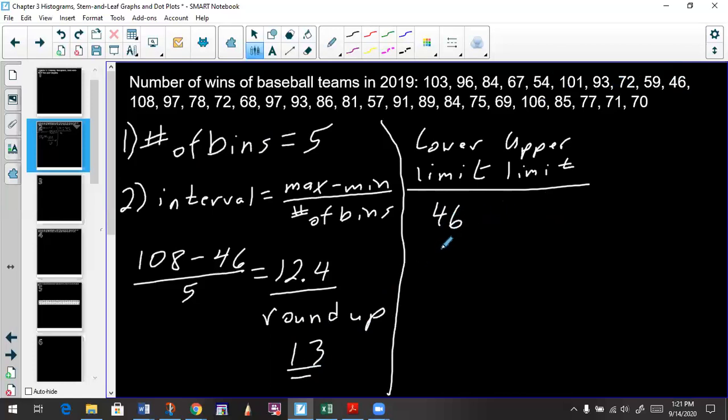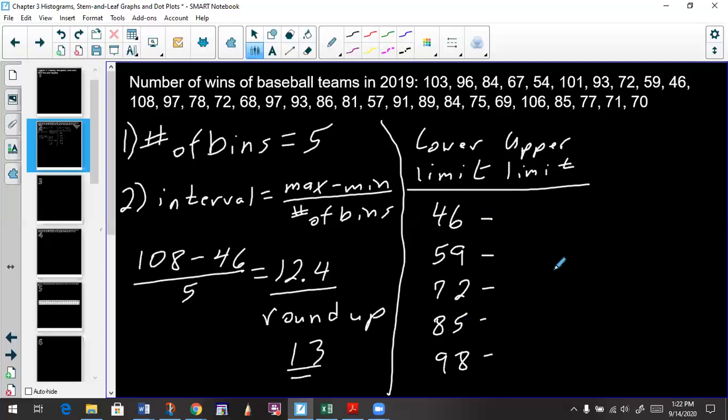So 46 plus 13 is 59. 59 plus 13. 72 plus 13. 85 plus 13. Okay? So that's going to be the lower limit for all of our bins.